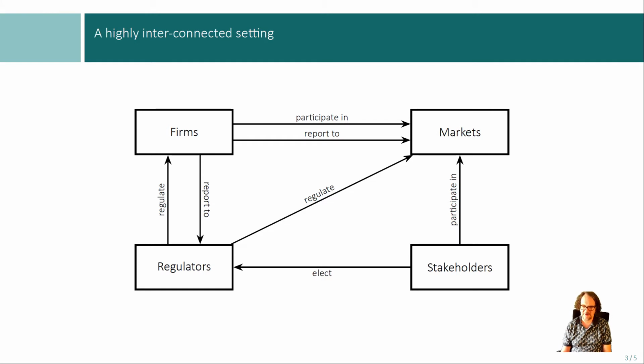So as soon as they start to report certain disclosures, then the employees can use these disclosures, and you can think about this as a matching problem where employees search for a certain employer that has a certain approach to sustainability, and this information can actually help the matching of stakeholders and firms. So in this case, employees and firms. So this is perfect. At the same time, it's also complicated, right?